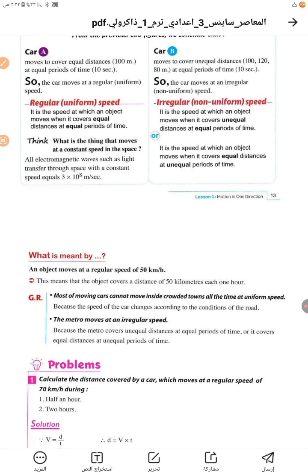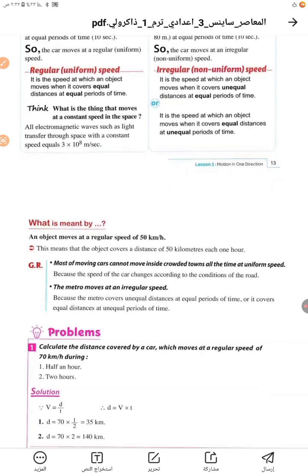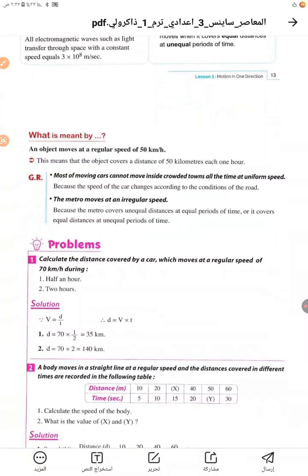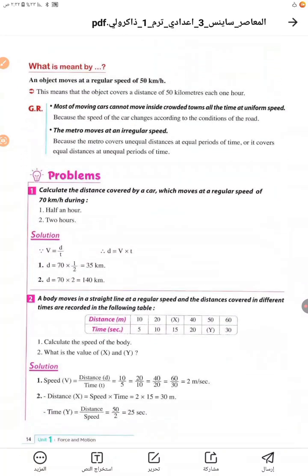What is meant by an object moves at a regular speed of 50 km per hour? This means that the object covers a distance of 50 kilometers each 1 hour.